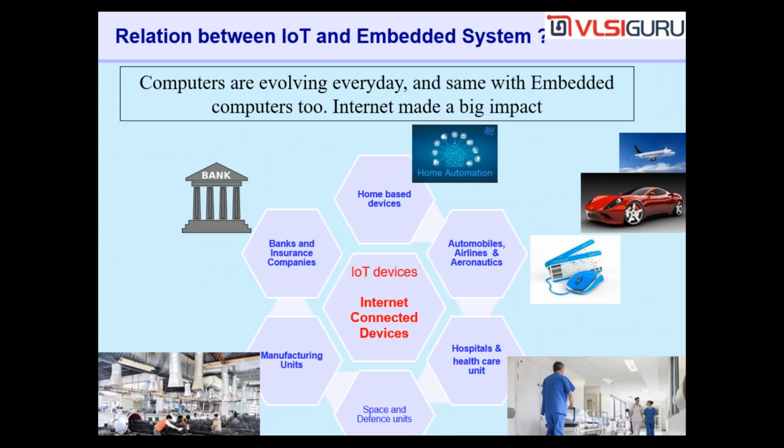So, apart from this, what is the relationship between IoT and embedded? So, computers are evolving, embedded systems are also evolving, and the internet has made a big time impact.